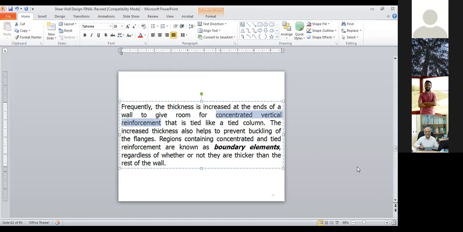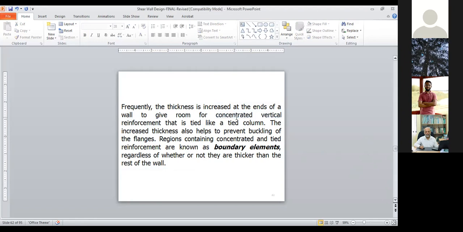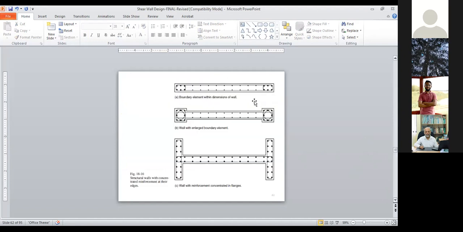That is also very essential. So we will have one example with the boundary element and one example without the boundary element. You may have the boundary element within the wall without changing the section, which I already explained. For a wall with a large boundary element, you can have the boundary element like that.